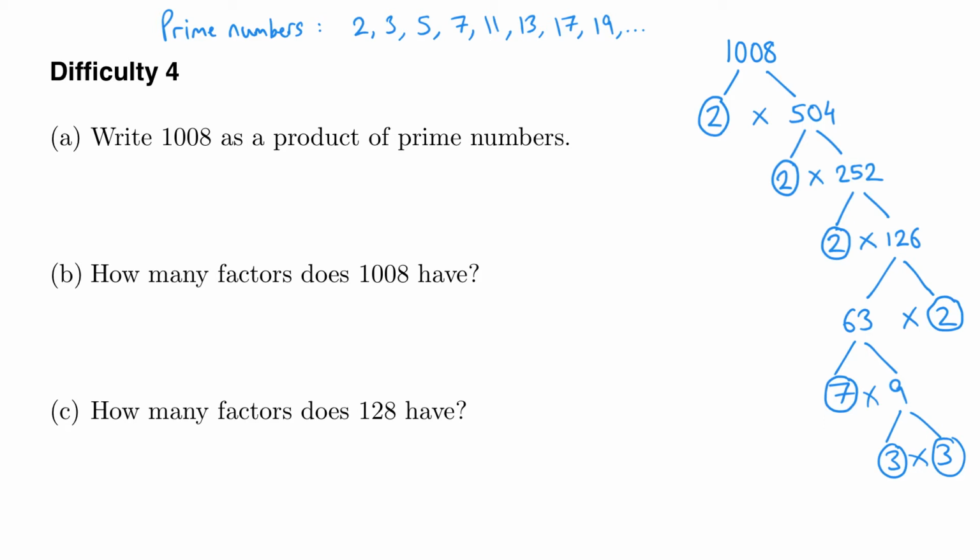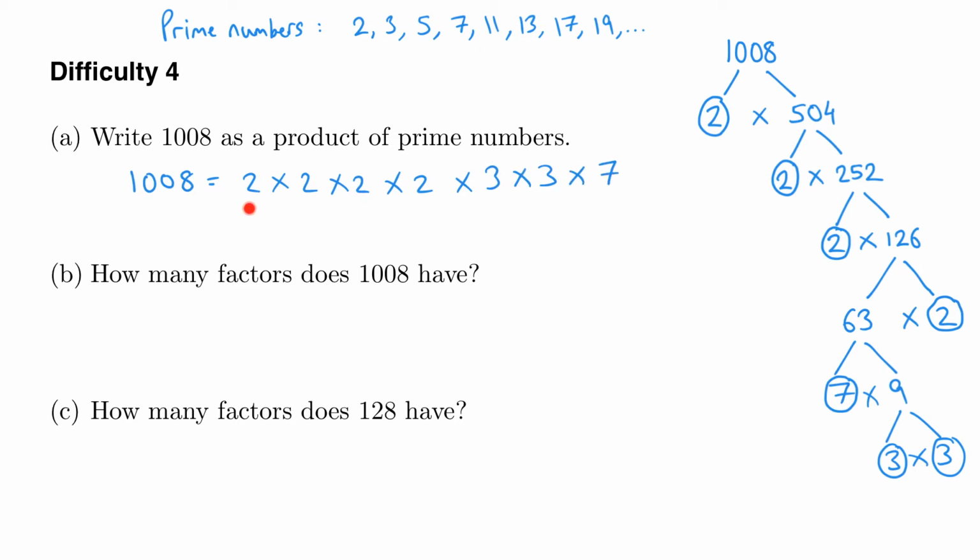So to write 1008 as a product of prime numbers, I simply need to multiply all of these prime numbers together, all of those numbers that I've just circled. So 1008 equals 2 times 2 times 2 times 2 times 3 times 3 times 7.